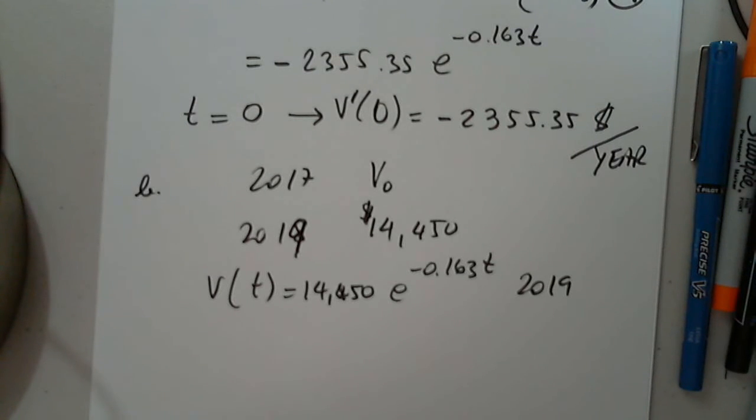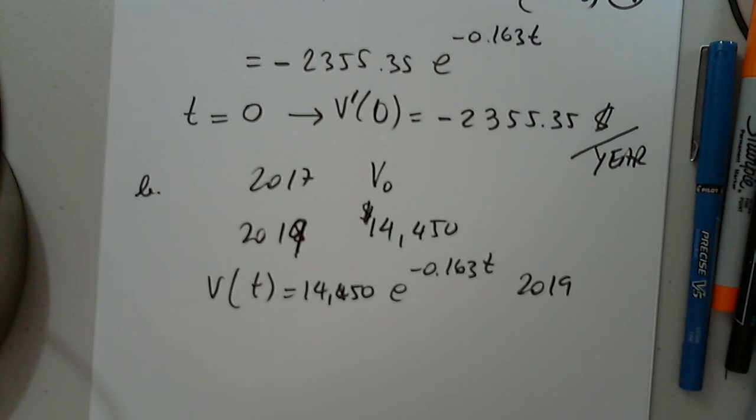I don't like the question, to be honest, because they're telling us that the function starts in 2019. That is the part that I think is confusing. How can I plug in -2 into this function if you tell me that the function itself is valid starting from 2019?